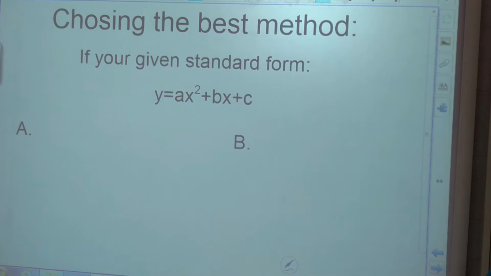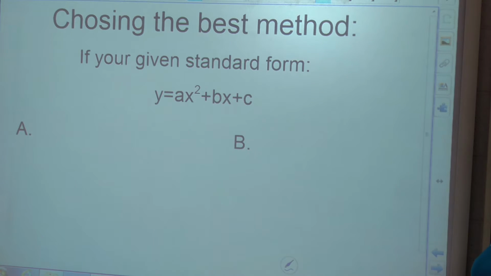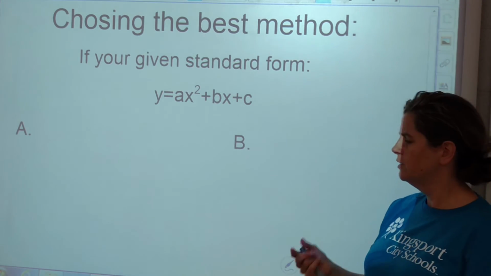All right. Last thing we need to talk about is next week we are going to have you choose the best method. So you're either going to be given standard form or vertex form. We won't start you with intercept form, I don't think. If we do, find your intercepts. But if you've got standard form, there's 2 different ways you could approach it.